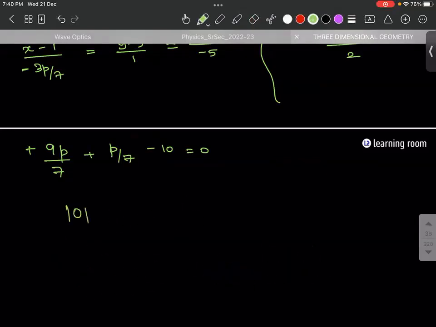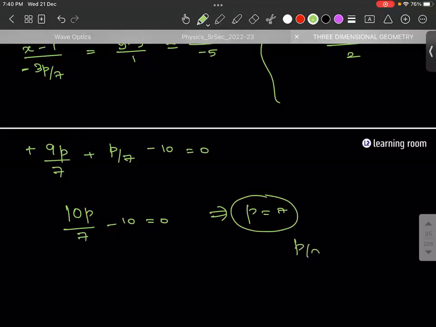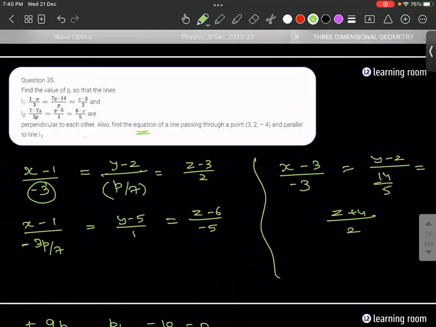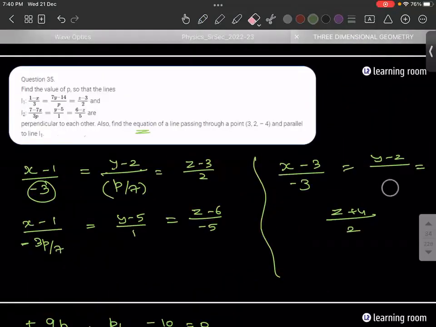Then it is going to be 10p by 7 minus 10 is equal to 0, which implies p is 7. If p is 7, p by 7 will be 1. So answer here should be 1. Did you guys understand what was the mistake? Because I took 7 outside, but I wrote 2 in the denominator.